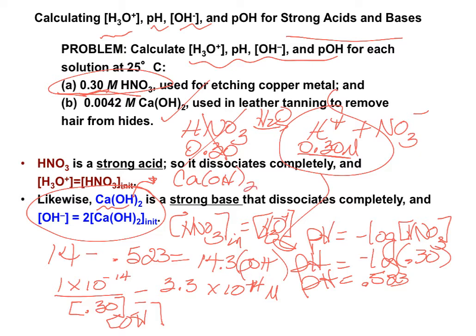And what I wanted to point out by showing that as an example is to be careful with the stoichiometry when you're dissociating diprotic or triprotic acids or bases that have more than one hydroxide. So, of course, calcium hydroxide would dissociate to give the calcium cation and 2 hydroxide. And so that stoichiometry is going to affect your pH and pOH. So just be aware of that.